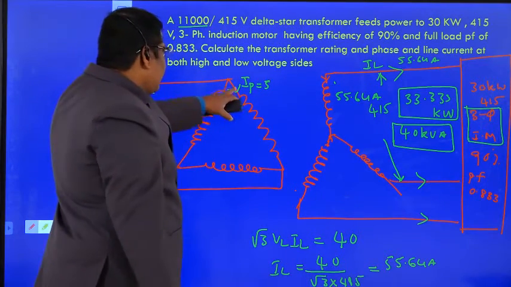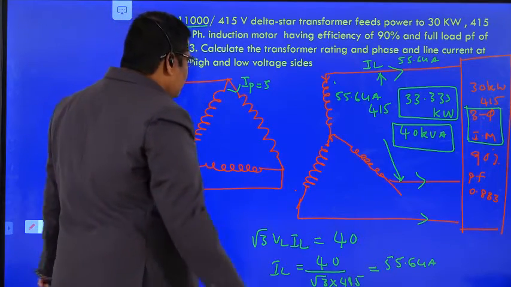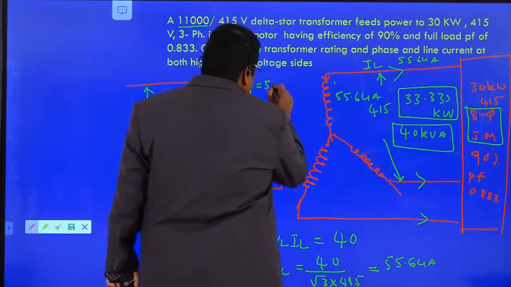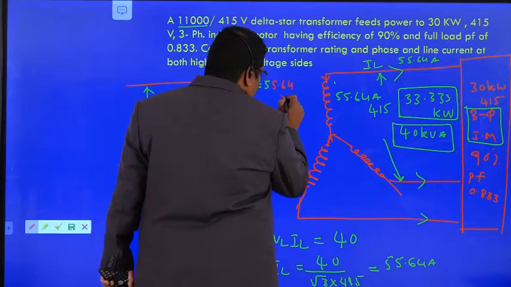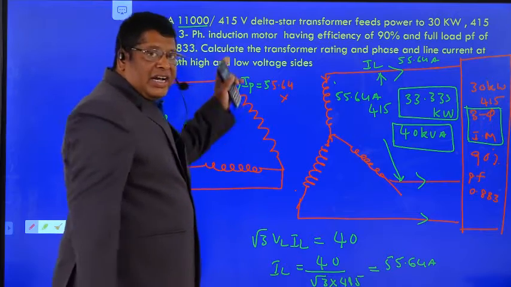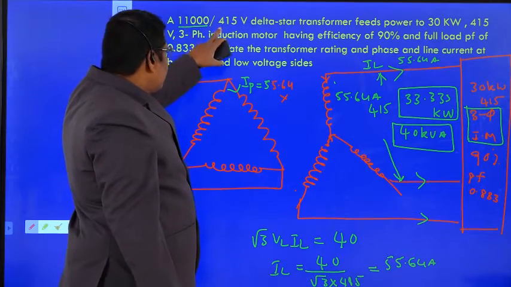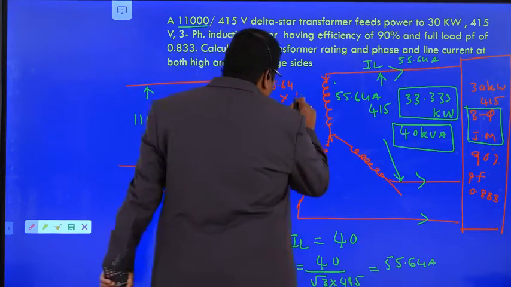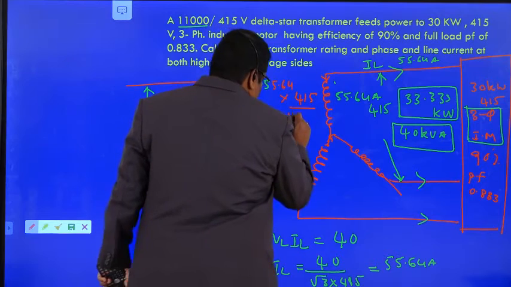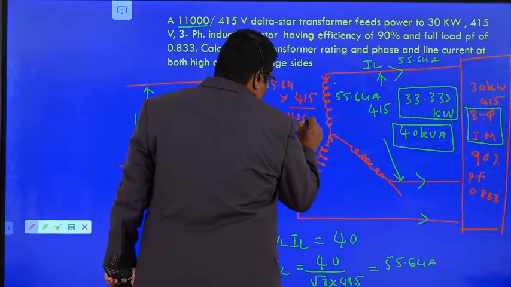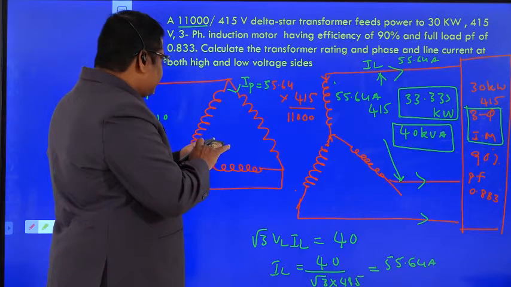Now primary per phase current is equal to secondary current into number of turns in the secondary winding, nothing but a voltage divided by this current, this voltage. So how much current are we getting?